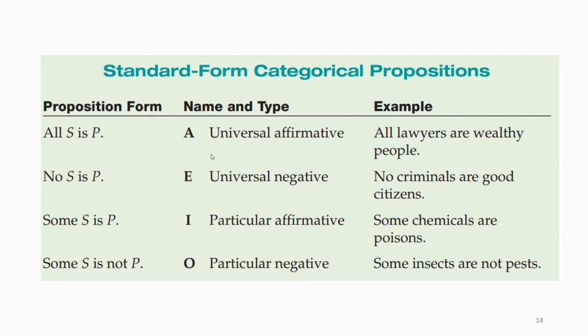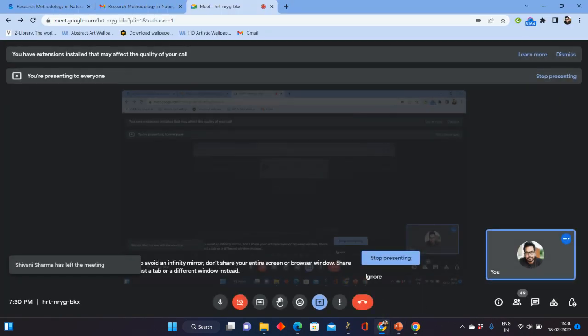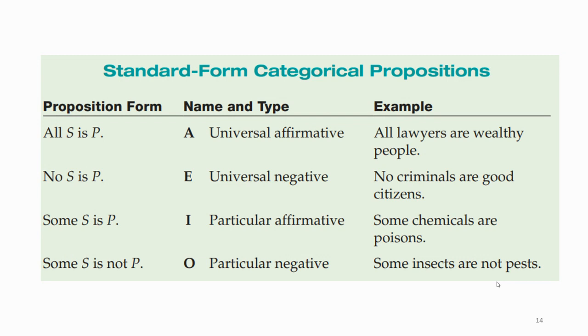The second one is No S is P, the universal negative, so no criminals are good citizens. The third one is particular affirmative, the positive one. That is I: some chemicals are poisonous. And O is the particular negative: some insects are not pests.